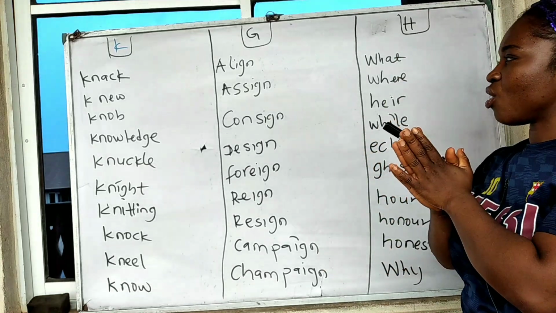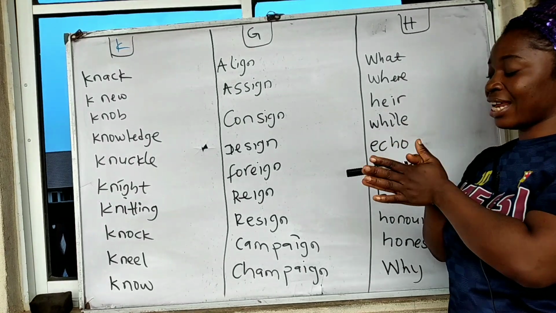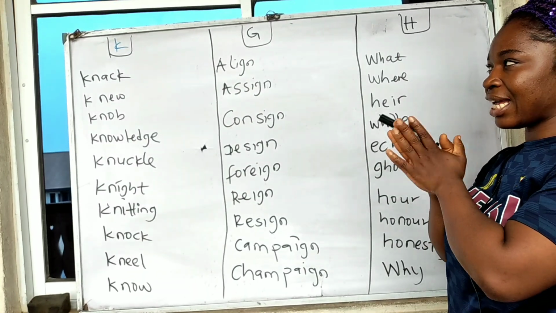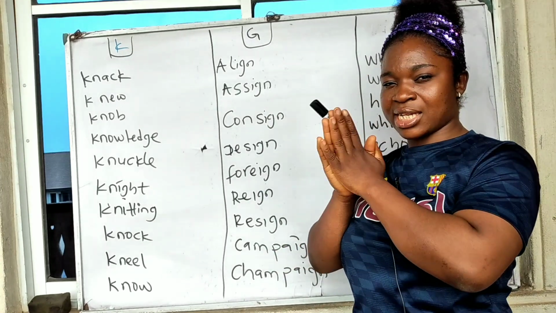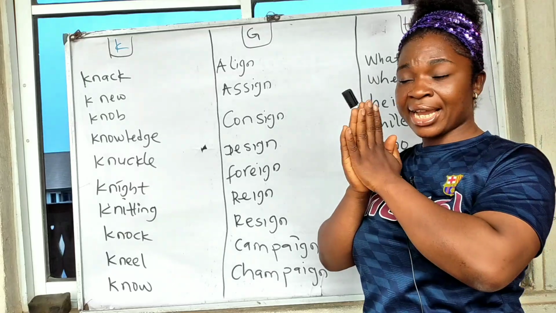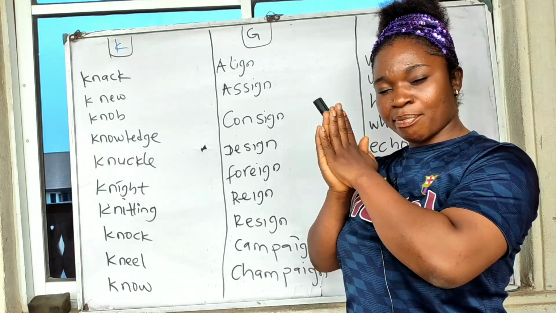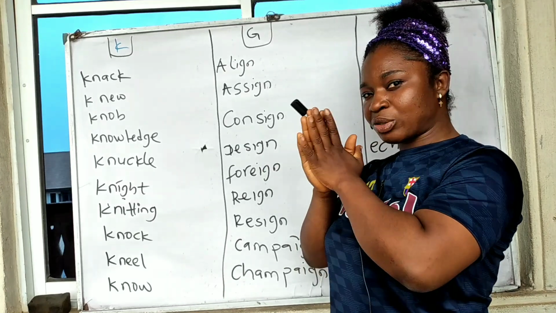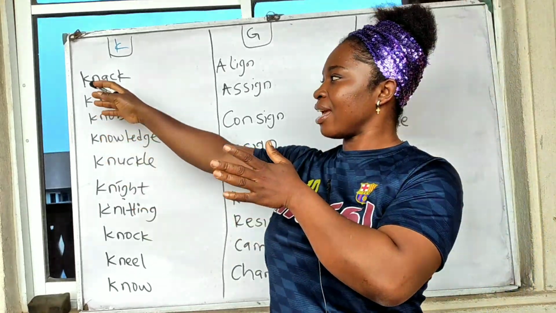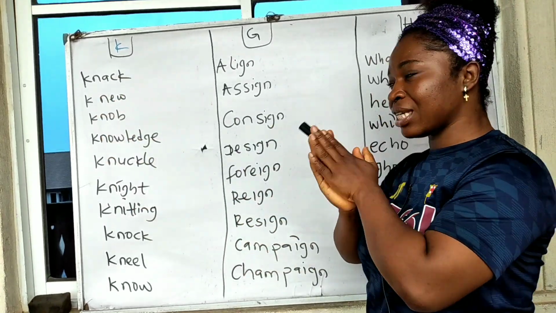So in a nutshell, English has what we call silent letters, and all the letters in the English language can appear silent at different points. Some in the beginning of a word, in the middle of a word, or at the end of a word. And again, it could appear silent in some words and not in others. For instance, this K beginning this word can actually not be silent in another word.